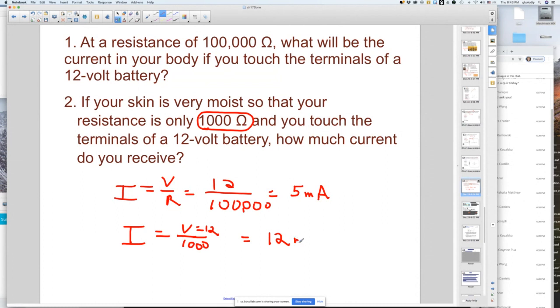Now this is a little serious. I'm going to show you in the next slide how many amps you need to injure yourself. This won't kill you, probably, but it'll give you a good shock.